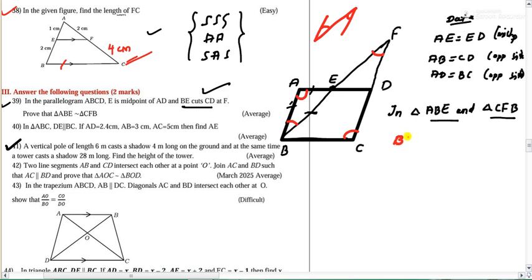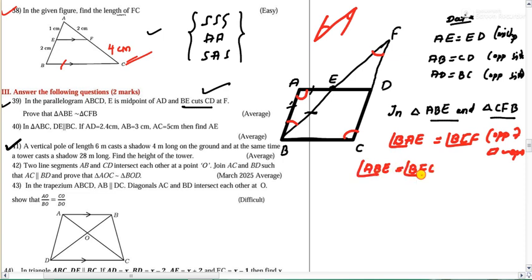So you can write angle BAE is equal to angle BCF. The reason you should write is opposite angles of a parallelogram are equal. I'm not writing it, but you should write it. And second, I can write angle ABE is equal to angle BFC.